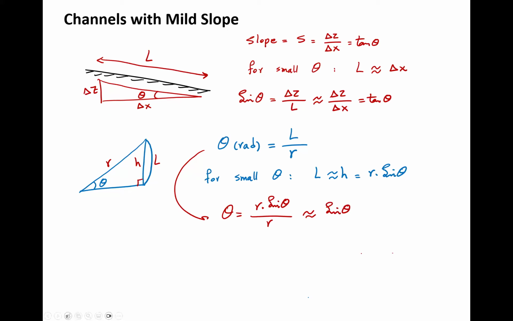So what is the conclusion? What do we get here? The conclusion is that for small theta, for small slopes, if the channel slope is mild, tan of theta is, not equal to, actually, let's be accurate, almost equal to sine of theta, and this is almost equal to theta itself in radians.